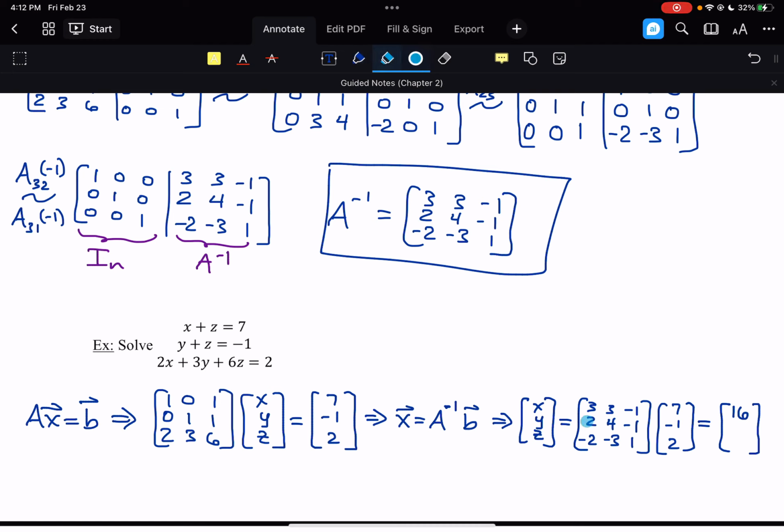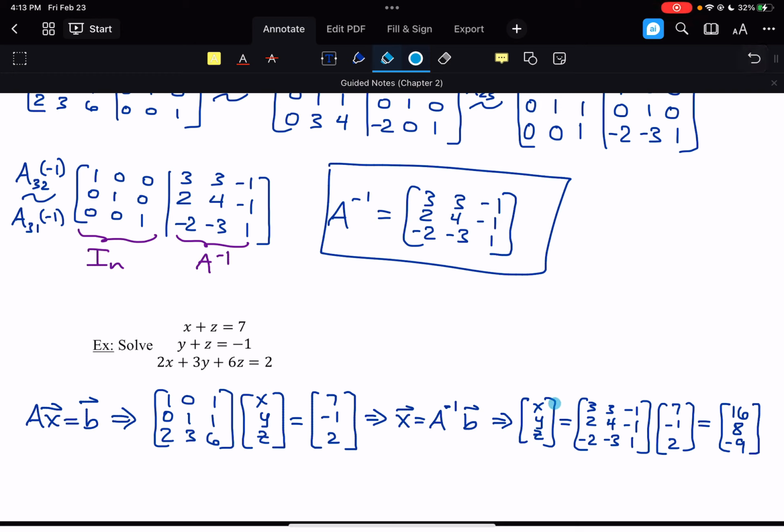We go second row with the column. That's 14 minus 4 minus 2, which is 8. And we do third row with the column. That gives us negative 9. So we have x, y, z equals 16, 8, negative 9.